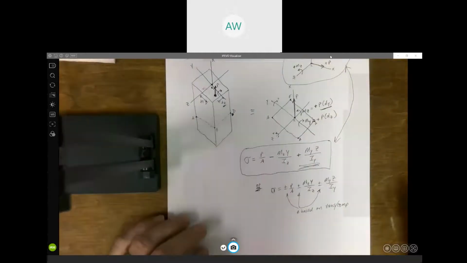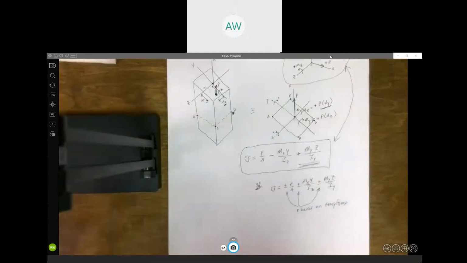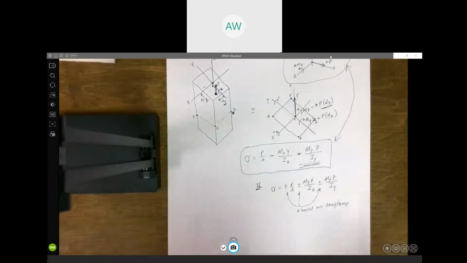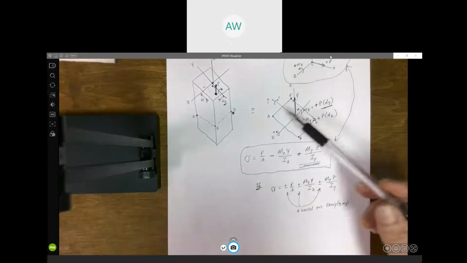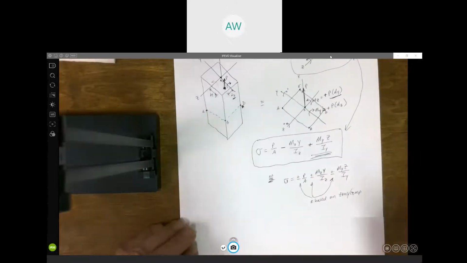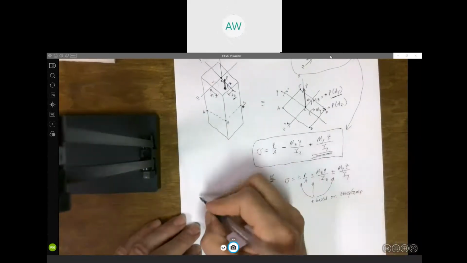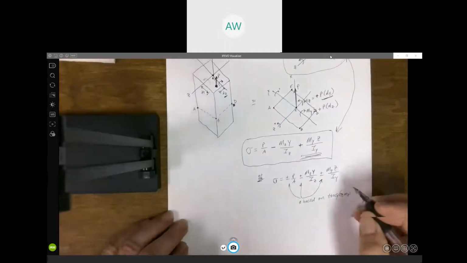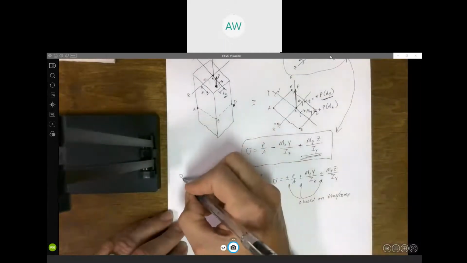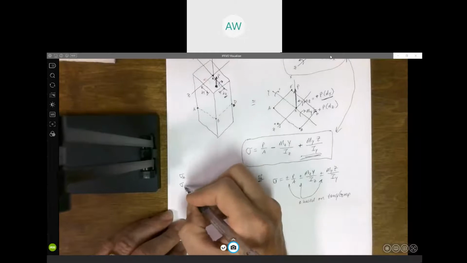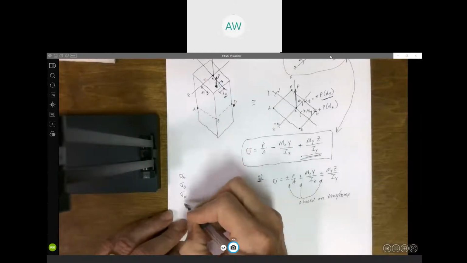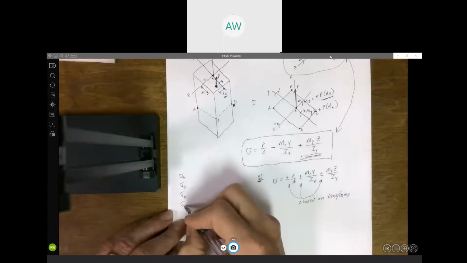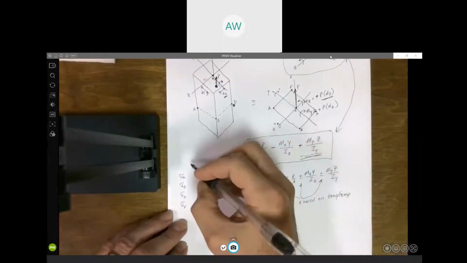So let's see if we can just, we're not obviously calculating or putting in any numbers, but we should be able to just look and tell if this load is going to cause tension or compression at each of those points. So I'm going to make a little table over here. Say we're calculating the stress at each of those four points, the four corners.